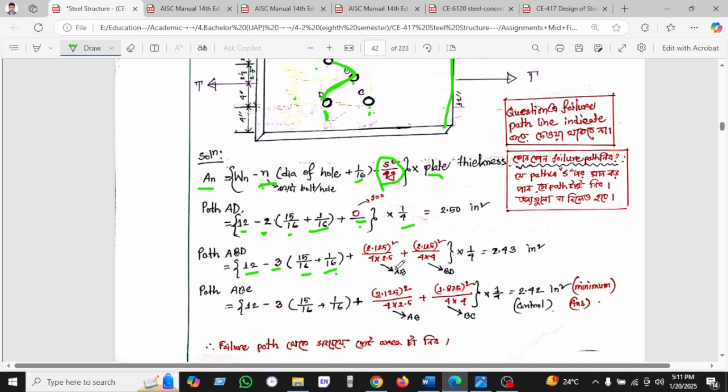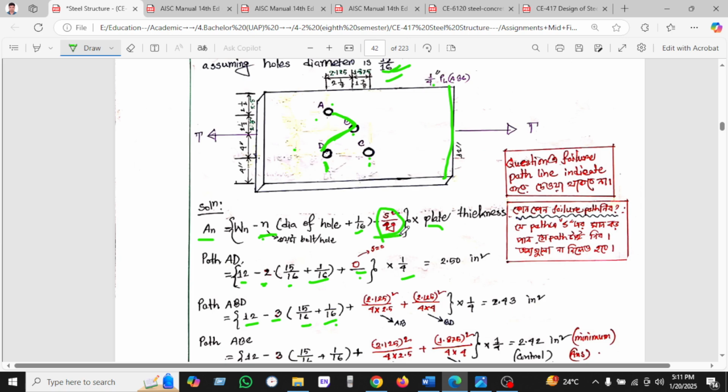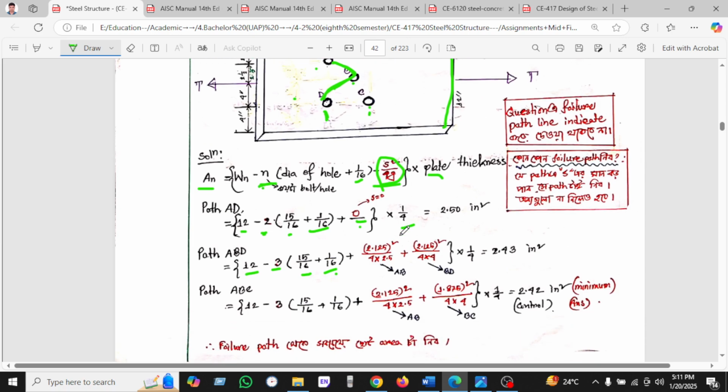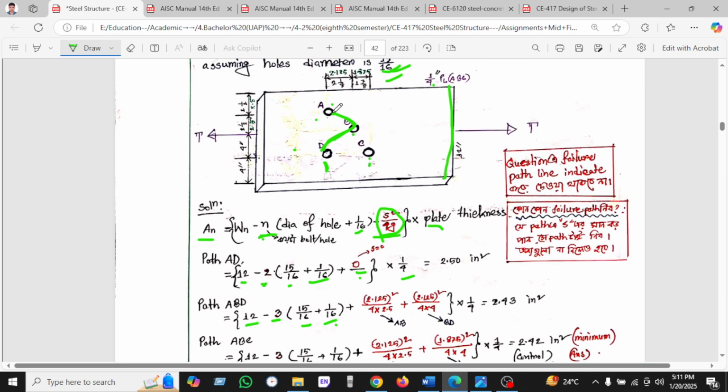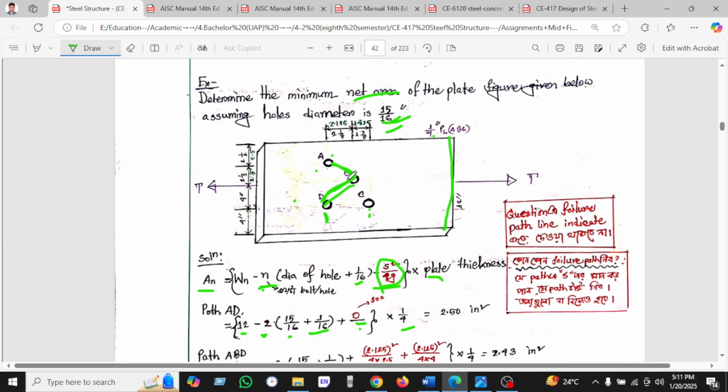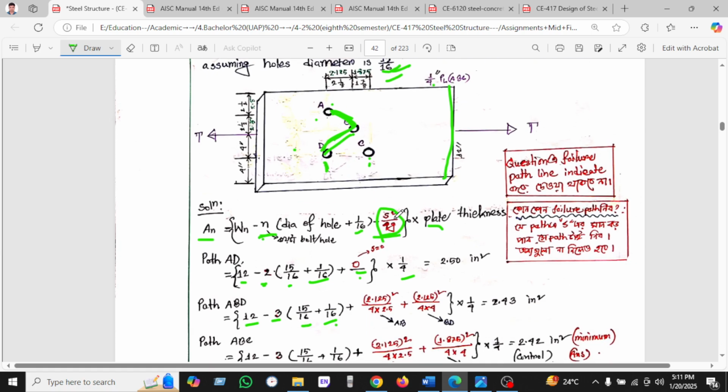And now how will we calculate the s square by 4g? This is the most important. We are seeing two portions, this is 1 and this is 2. At first we will calculate AB. The AB will be this distance.